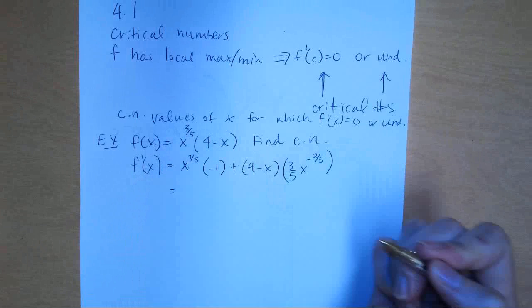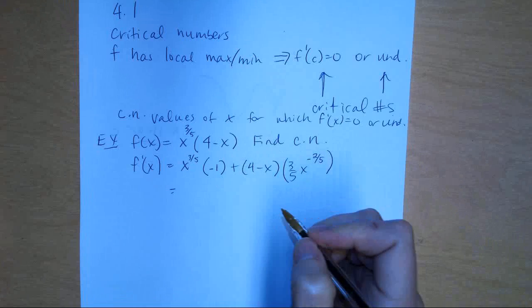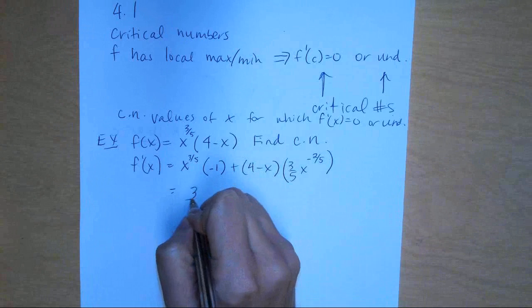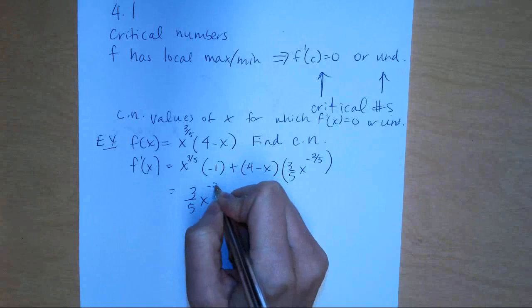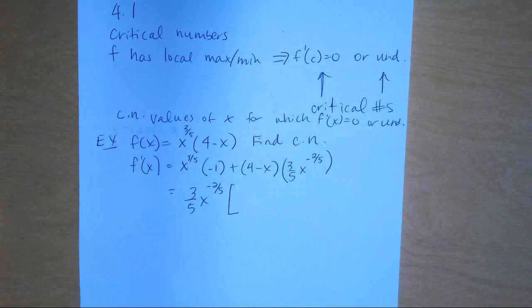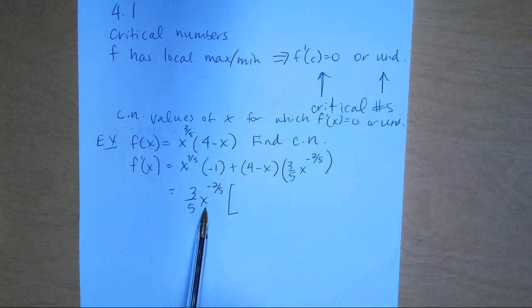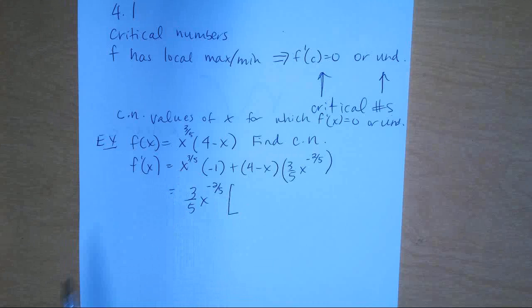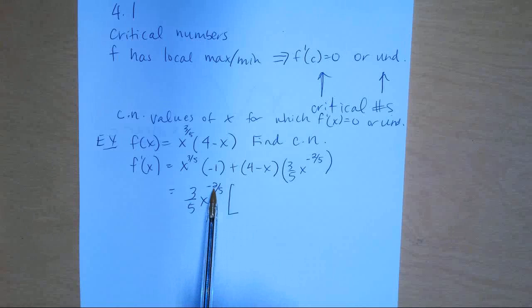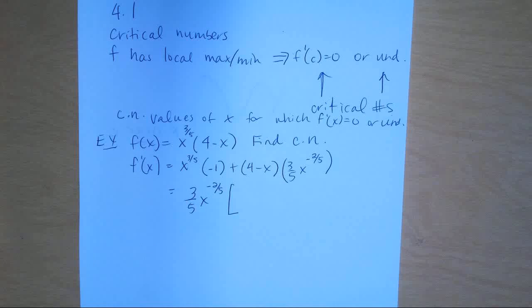I'm going to factor out, let's factor out actually 3/5 x to the negative 2/5. So from this term right here, what do I have to add to x to the negative 2/5 to get x to the 3/5? Negative 2 plus what gives you 3? 5. So x to the 5/5, which is actually already just known as x.